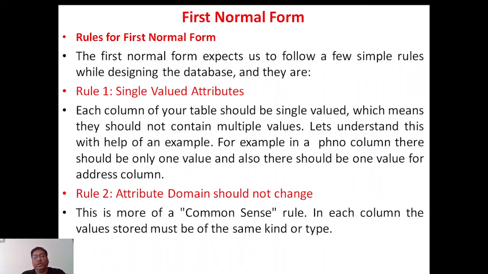So that's the second rule. The first rule says you need to have a single value attribute, so no column should have multiple values. And the second rule says attribute domain should not change, which means in a given column, all the values should either be numeric or character and so on.